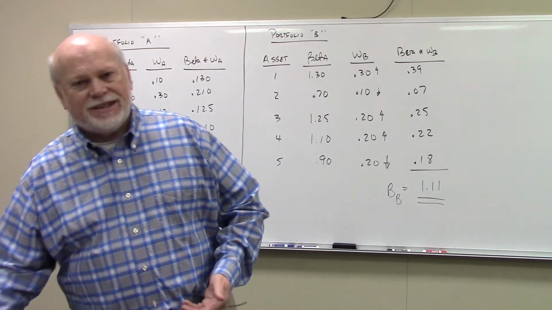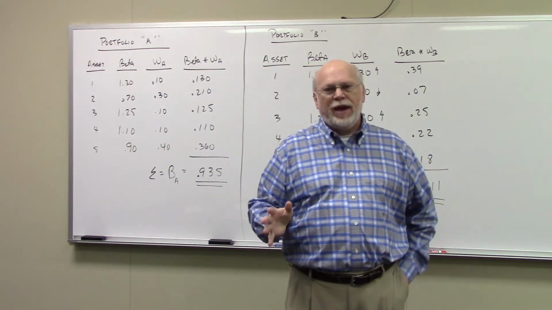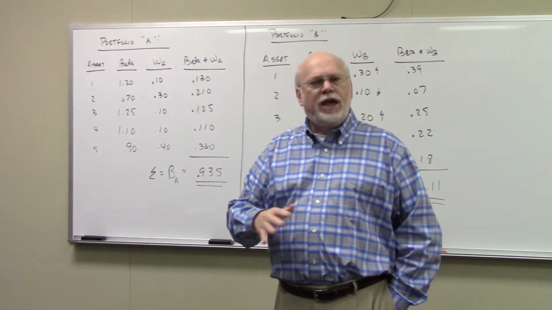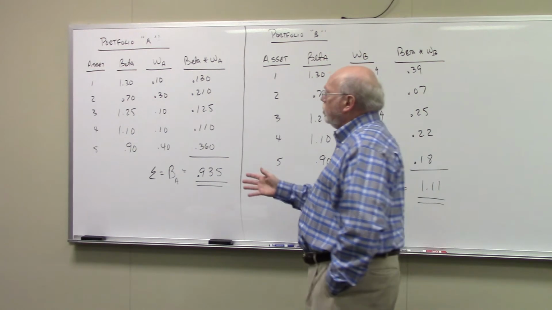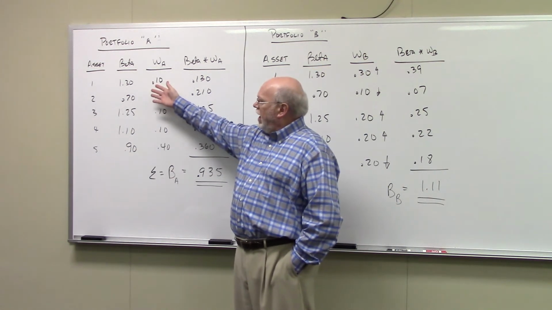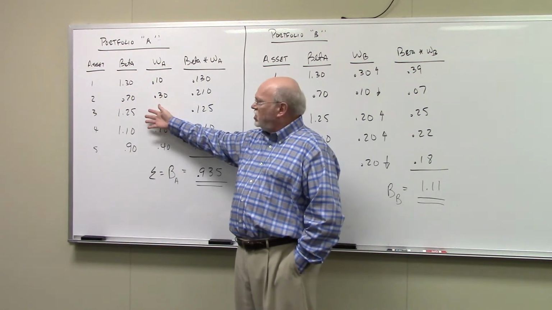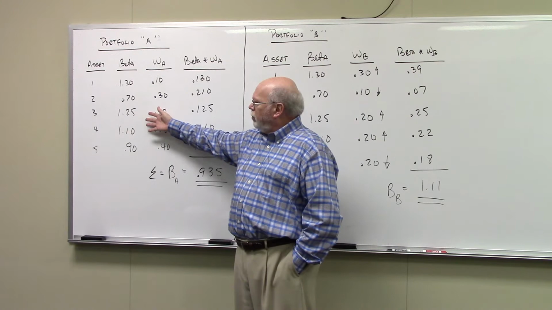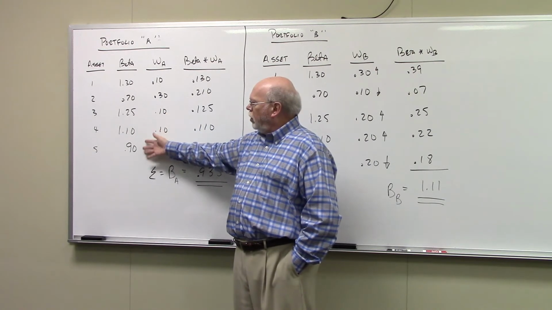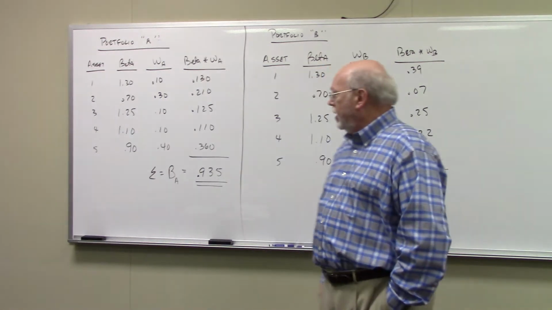Now, the assets and their betas. These stay the same. These are the same assets, the same betas in both portfolios. And what you see, assets 1 through 5: asset 1 has a beta of 1.3, asset 2, 0.7, asset 3, 1.25, asset 4, 1.1, and asset 5 has a beta of 0.9.